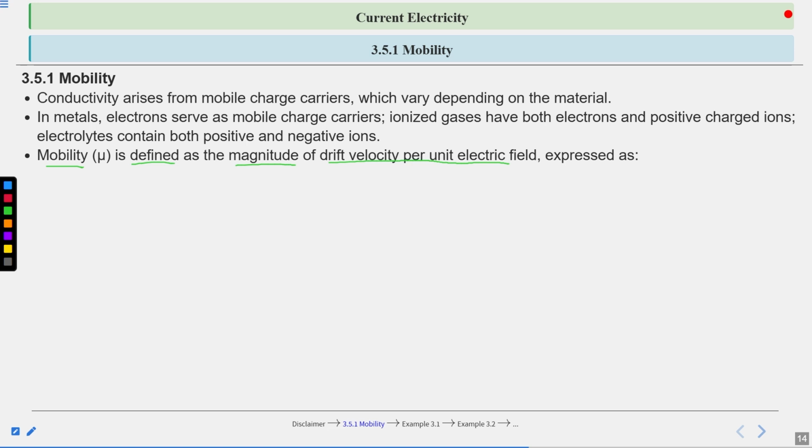That is the mobility of that electron, mathematically represented as magnitude of Vd upon electric field E. So how much drift velocity does an electron or any other charge carrier have if 1 unit, meaning 1 newton per coulomb or 1 volt per meter, of electric field is applied? That is the mobility of that charge carrier.